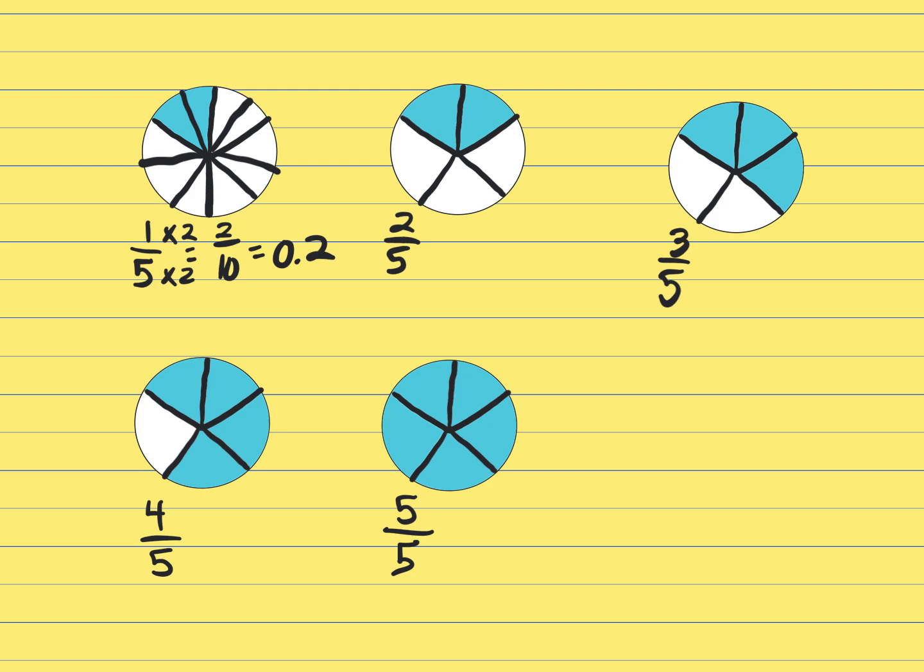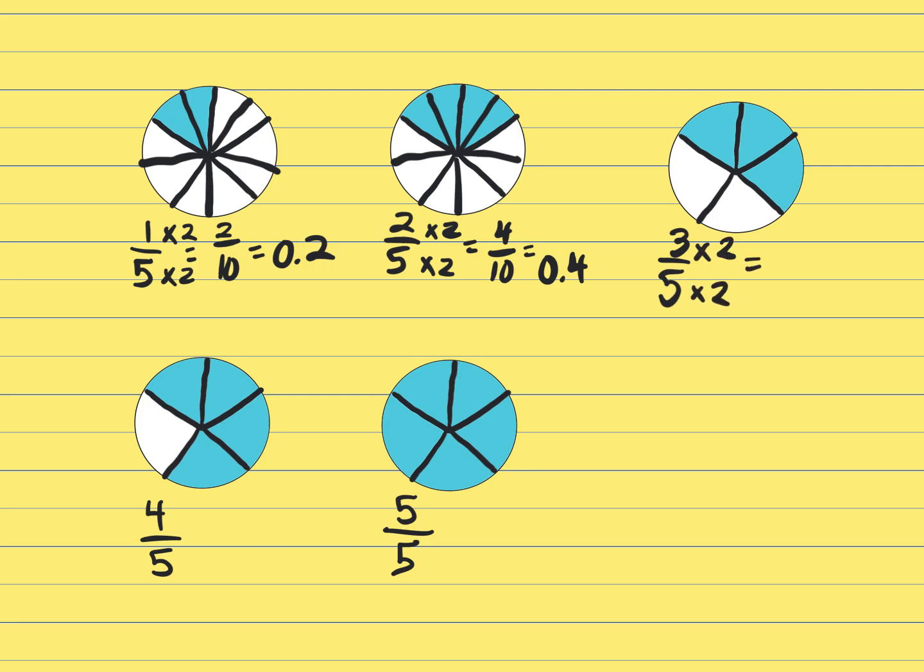If I go to my next one, 2/5, well, then I can do times 2 times 2. That will give me 4/10. That will give me 0.4. Okay, again, if I cut those up differently, now that model is showing 4 out of 10 instead of 2 out of 5. So the pattern continues.